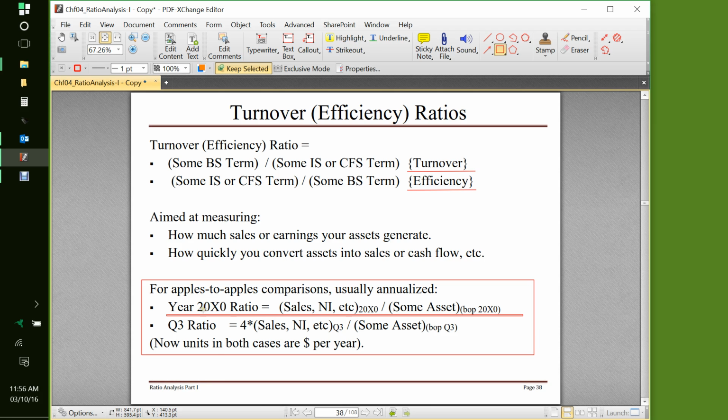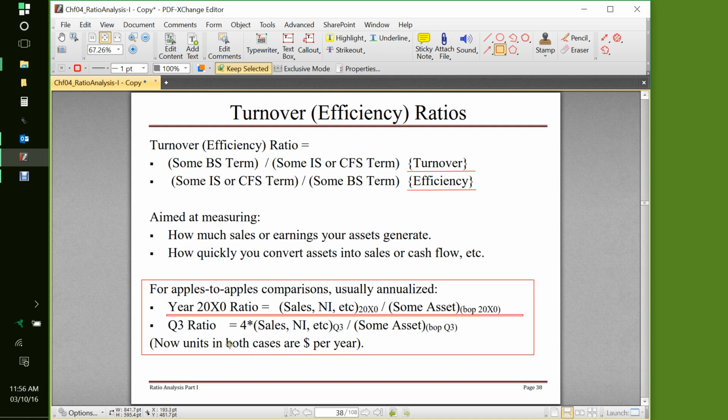So if we're looking at an annual ratio, just for example, we could use our asset efficiency ratio, which is sales over total assets. We're just going to take the total sales for the year and then divide by the assets at the beginning of the year.